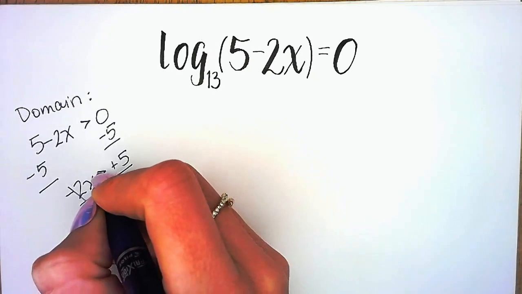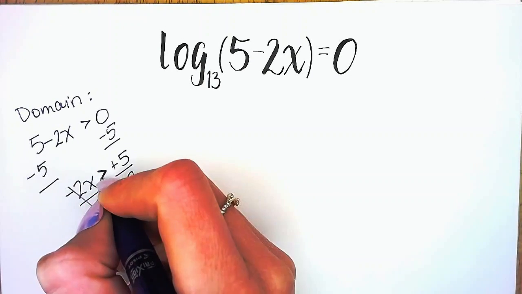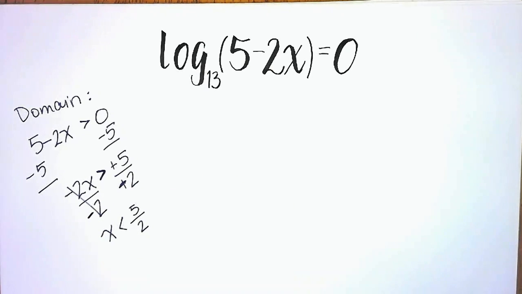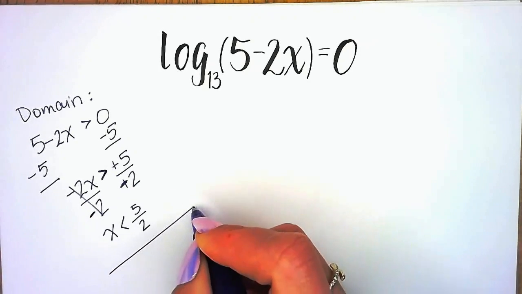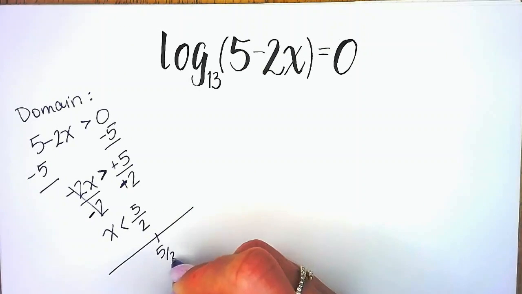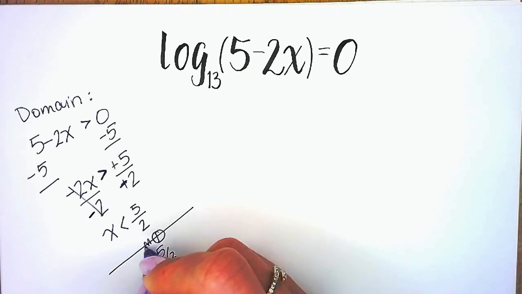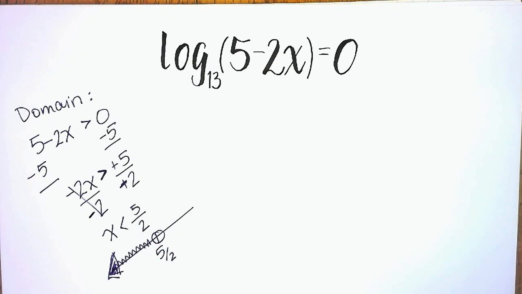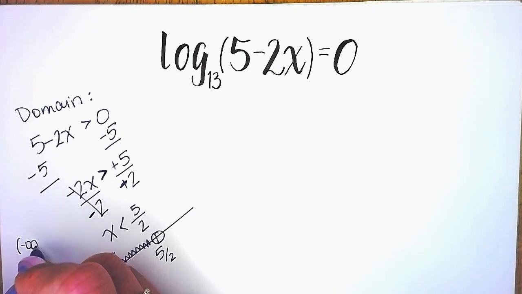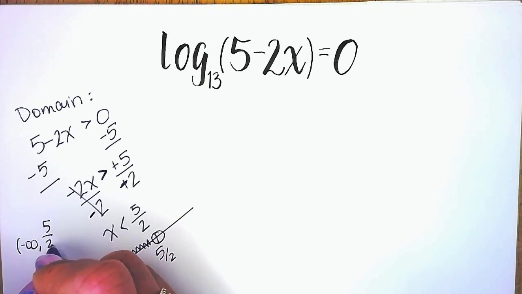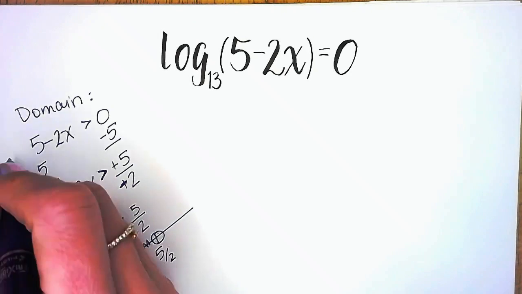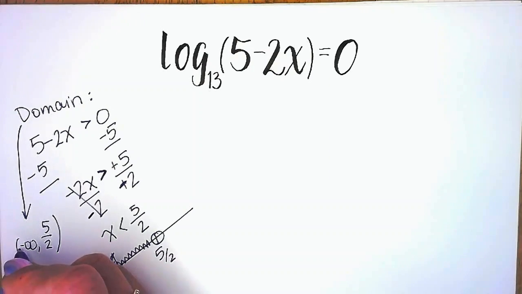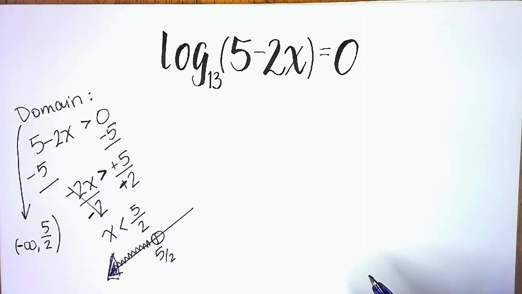We need to remember that when you divide both sides or multiply both sides of an inequality by a negative number, you flip the inequality symbol. Domain would be from -infinity until 5/2, where 5/2 is not included.